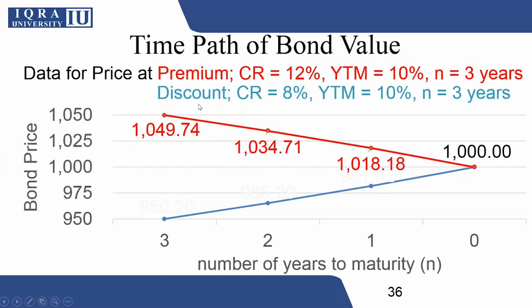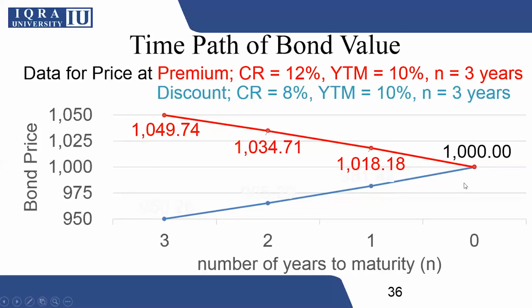On the other hand, if an investor is buying a bond at a discount, meaning the price will emerge from here, then whatever price you calculate, this price will move upward and reach 1000.